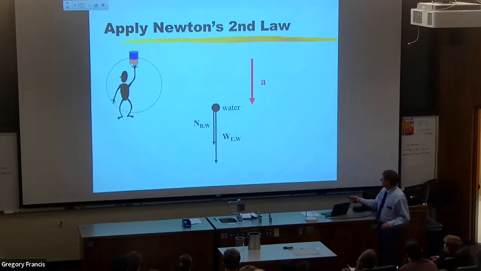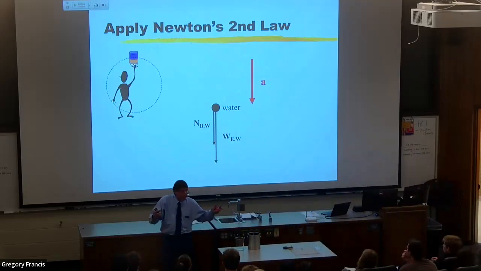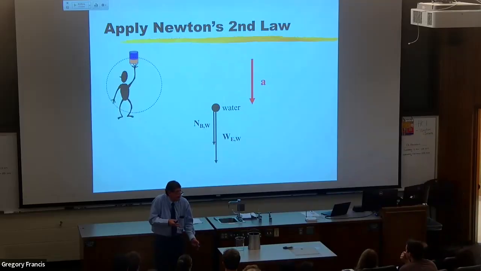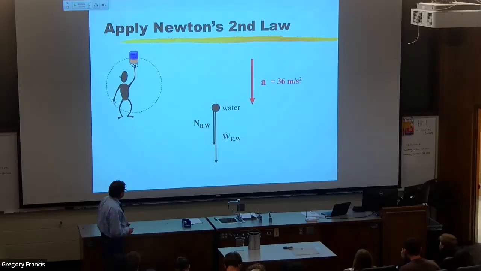Now, which of these forces causes that acceleration? Both. Yeah, some of it's caused by gravity, some of it's caused by the bucket pushing down. So we can figure out how big that normal force is. Remember, that's what we're trying to do.